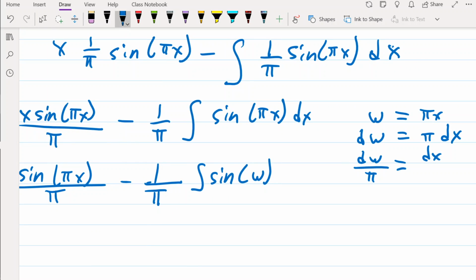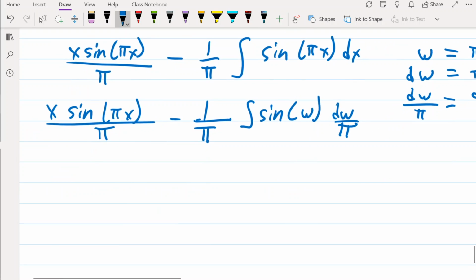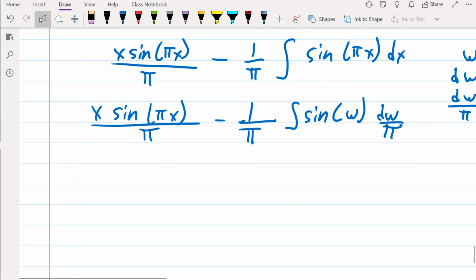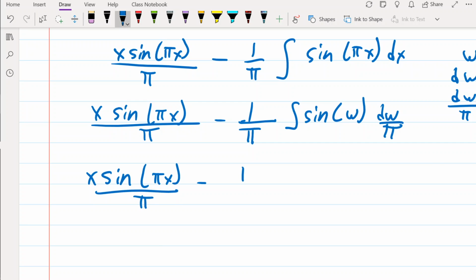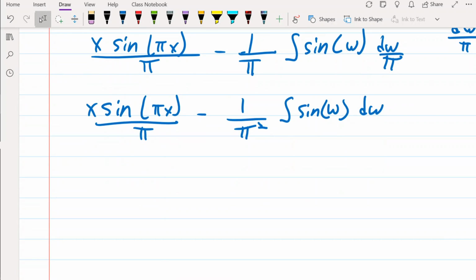And then we're going to substitute this in, so dw over pi. And then we're going to take that pi up to the front. And from here we will integrate.